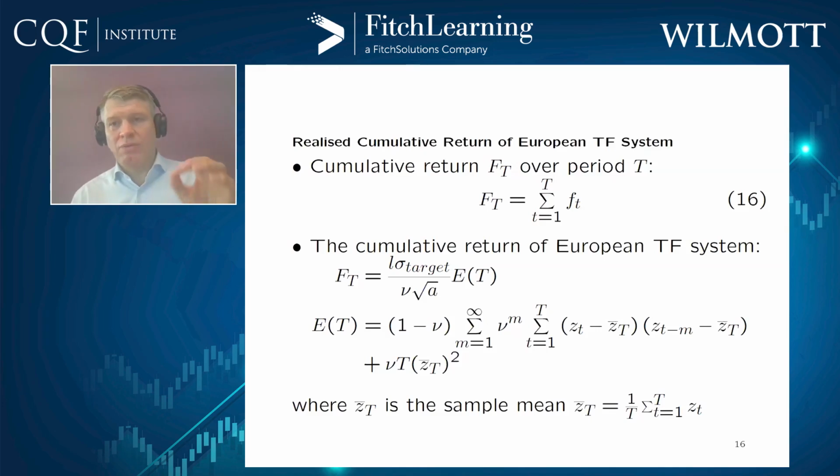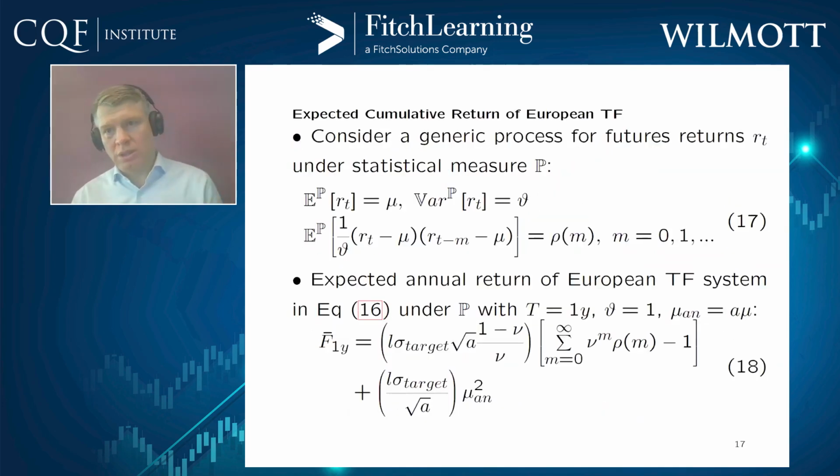Now, once we assign distribution to our random variables, like return, that drives the returns on the underlying future, we can actually derive the exact formula for expected return under trend following, for European trend following strategy. This is given in equation 18.